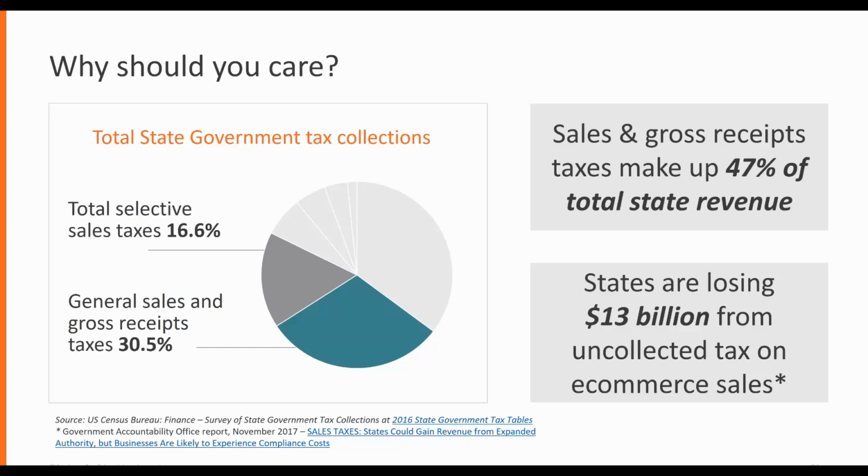A lot of that, and I'm not sure if anyone in this room is looking at e-commerce, but about $13 billion is going uncollected because of e-commerce right now, and that's getting under the state's skin, right? 50% of their income is focused on this, and now e-commerce has presented this way for buyers and sellers to get around sales tax, and they're losing out on $13 billion.